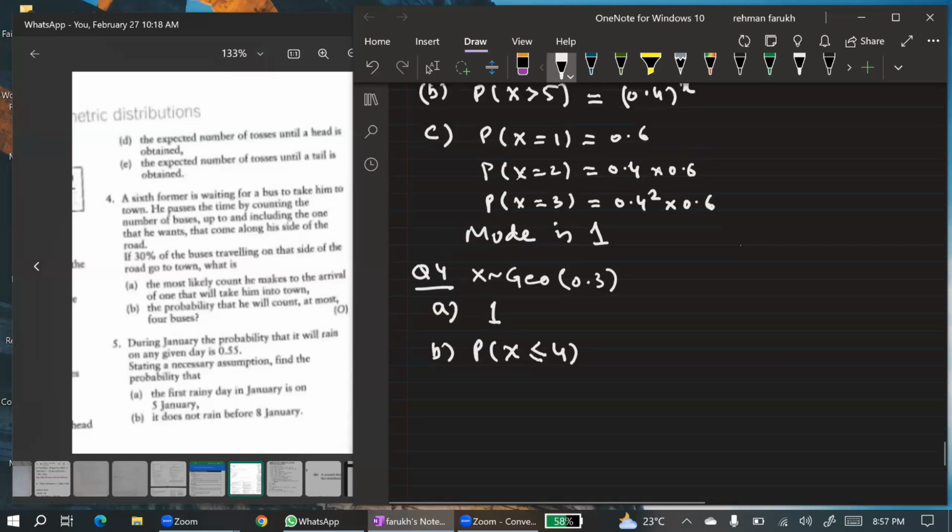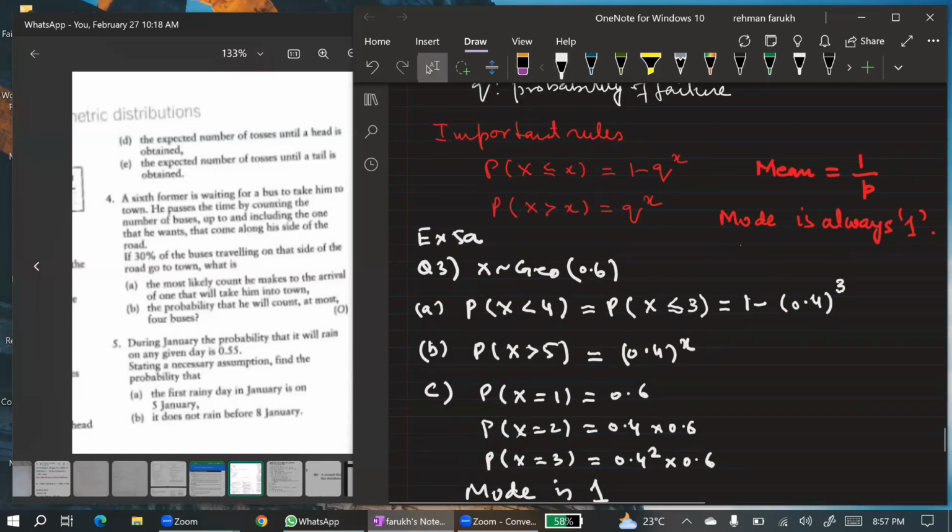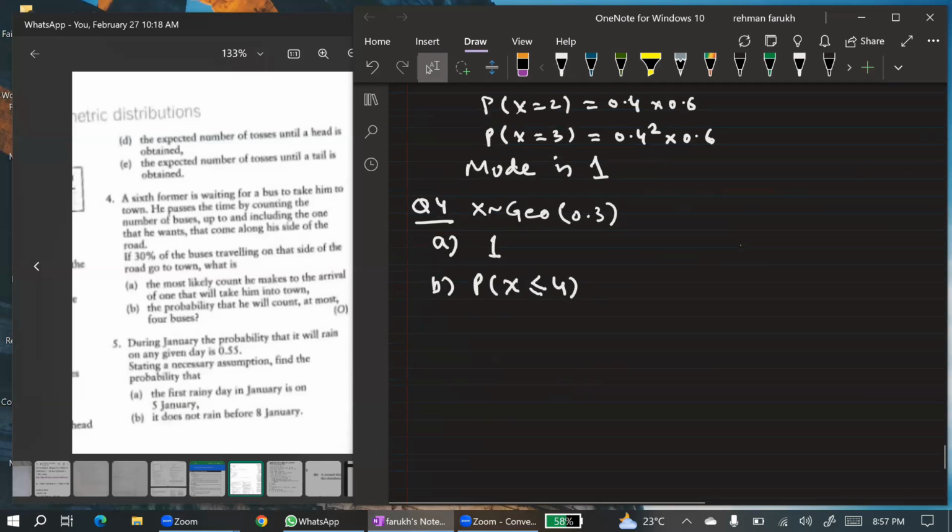But the formula is for probability of x less than, so I wrote it as less than. And according to the formula, this one is 1 minus q power x. 1 minus q power 4 is equal to 1 minus 0.7 power 4.